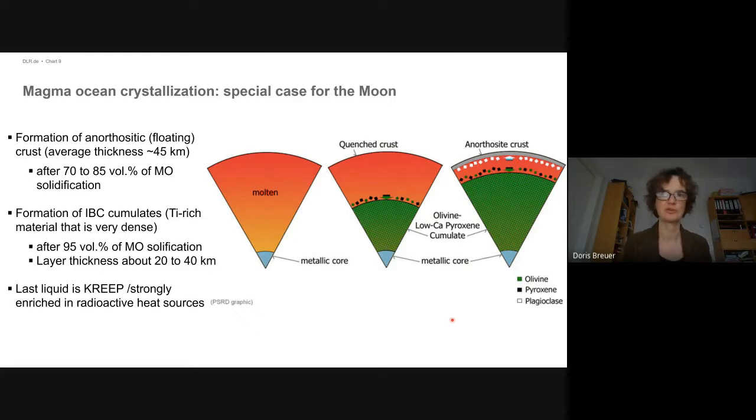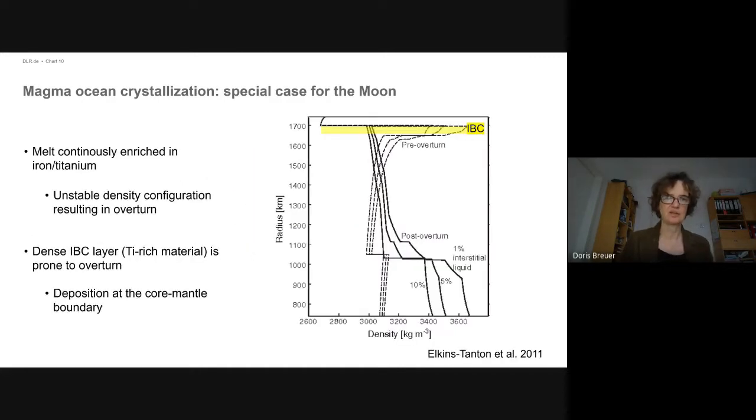I've mentioned already that the titanium-rich material has a very high density. That comes from the enrichment of the melt with time as the material is crystallizing, so that you enrich iron and also titanium into the last melt.